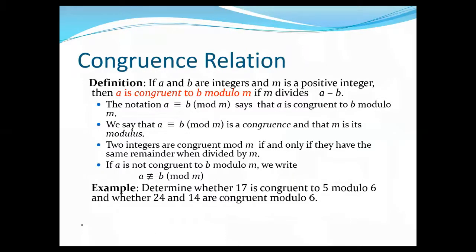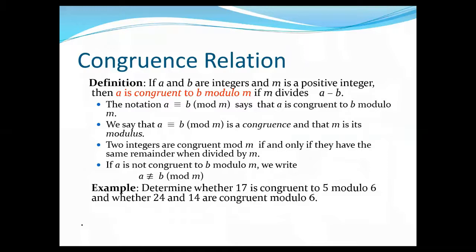So basically, when we subtract a certain value from another number and divide it by m, the result should be an integer. It means it is congruent.